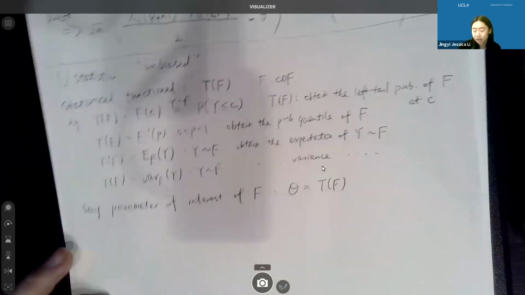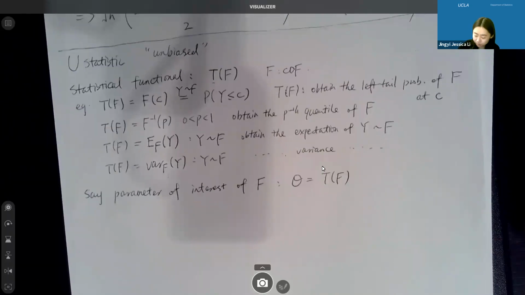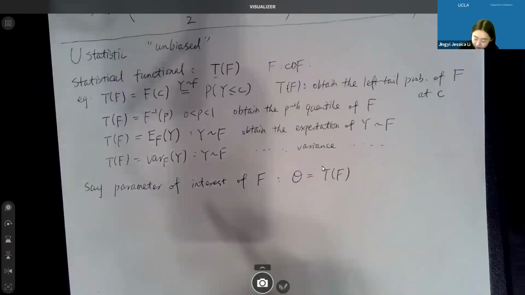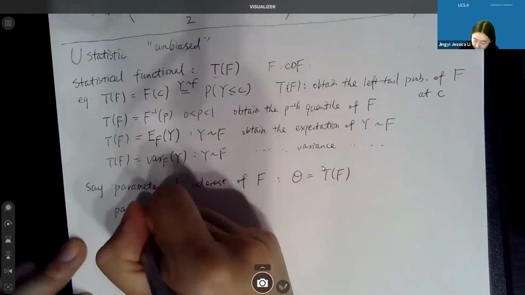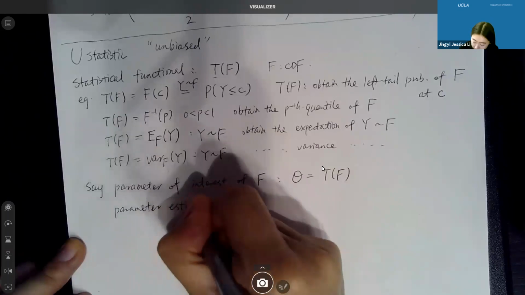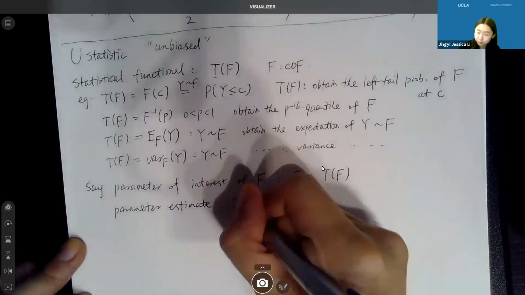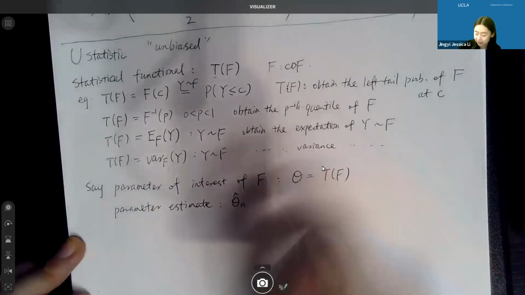To estimate this parameter, a very naive way of thinking is to do plug-in. Then we can have a parameter estimate, which we write as theta hat m, from a sample of size m.